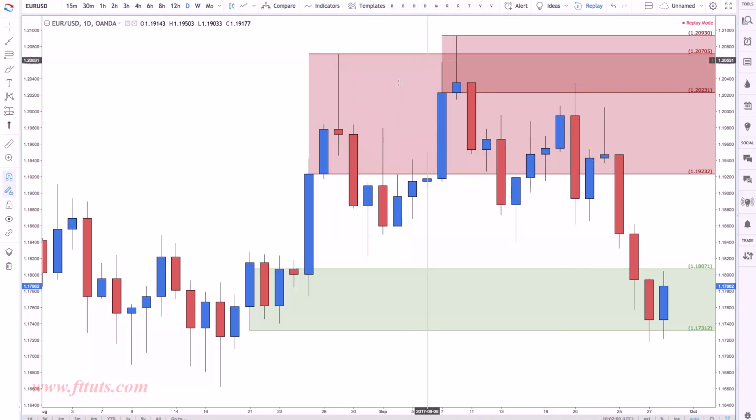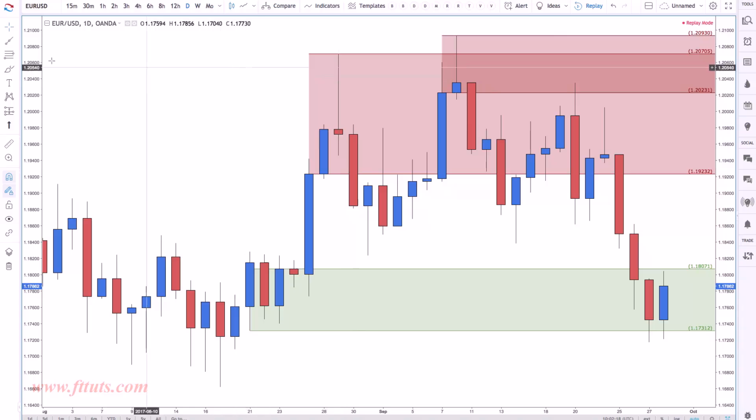Now, going back to this level of supply, what I had realized is that it had been touched. Even though this wasn't originally the strongest level of supply, you saw it once, twice, three times, this area had struggled.